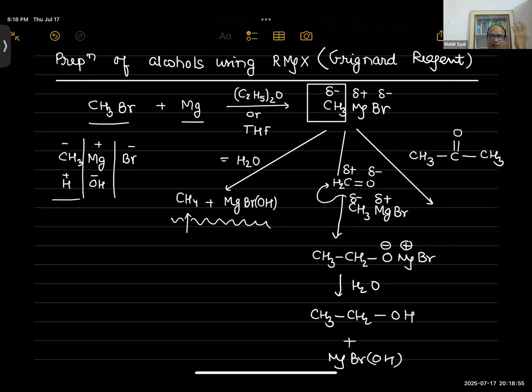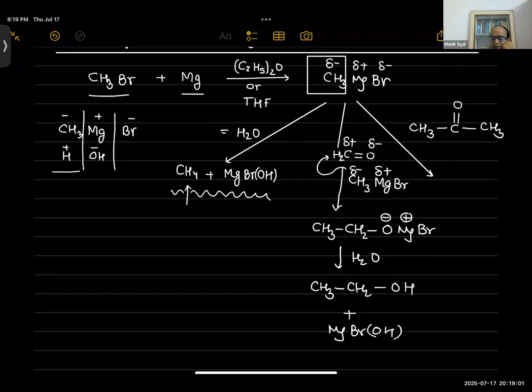This is acetone, which is a common name of propanone. What will happen? So this is plus because oxygen is minus. This is CH3 minus Mg plus. That's what we need to know and connect them.